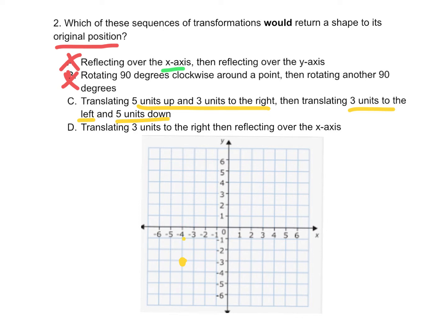So 1, 2, 3, 4, 5 up and 3 to the right. 1, 2, 3 brings us here. And then if we take this point right here and go 3 to the left and 5 down, yes, we're back in the original spot. So that one's going to be C.